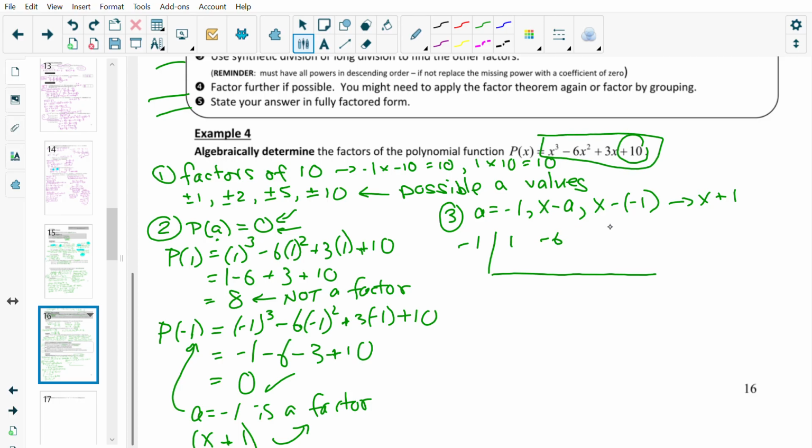So 1, negative 6, 3, and 10. Okay, 1 plus 0 is 1. Okay, let's step through this. And as we expect, remainder equals 0. So that verifies that that is a factor.